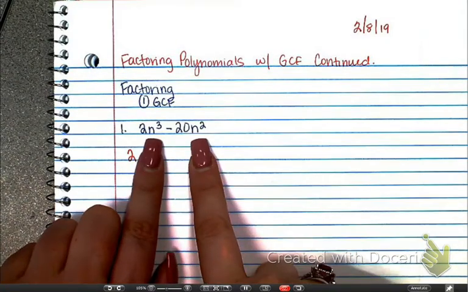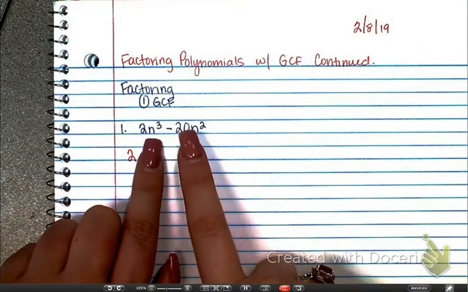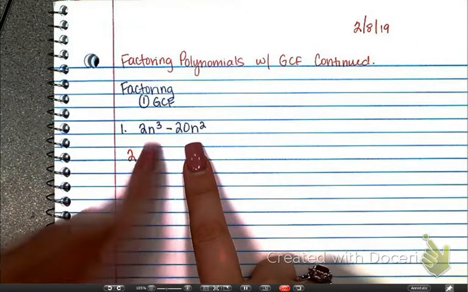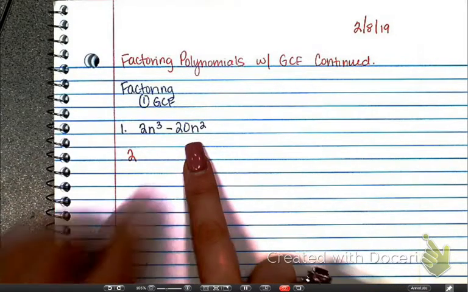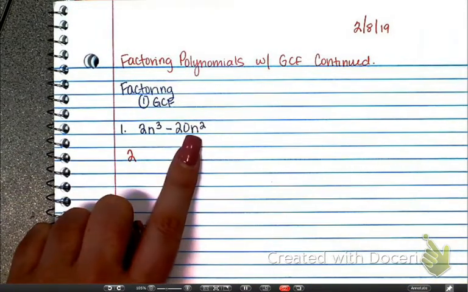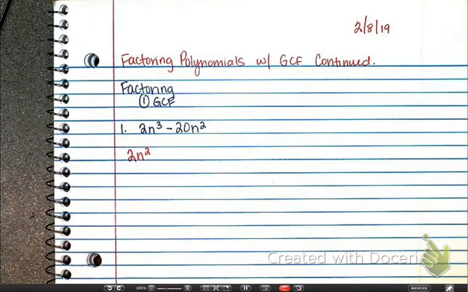But you're looking for what's the largest thing that goes into both of them. So if this is n to the third and this is n squared, what's the most amount of n's I can take out of both of them? 2. I can't take out more than 2 because this one only has 2, right? So I can take out n squared. So my GCF is 2n squared.